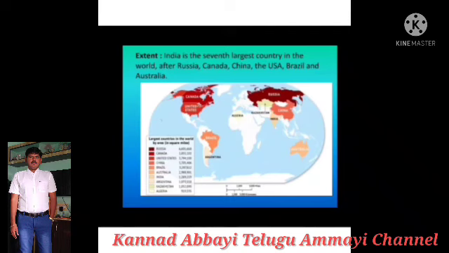Okay, land frontier means the total land boundary of India. The mainland of India has a water frontier of about 6,100 kilometers. This one we call the coastline. The total coastline of India is 6,100 kilometers.